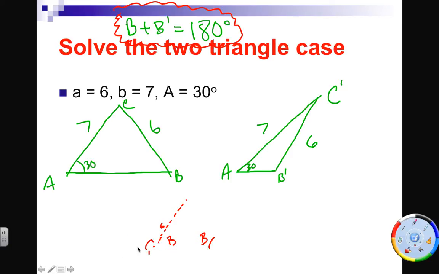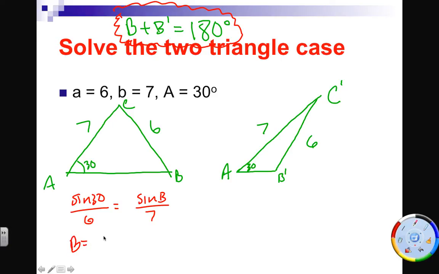All right, let's get rid of this here. Let's see if we can solve what we need to solve. All right, so on this triangle, sine of 30 over 6 is equal to sine of B over 7. It's the only thing I can solve for first. And doing a little bit of math here, obviously, sine inverse, B is equal to sine inverse of 7 sine of 30 over 6, which is approximately, I think I have this one on my calculator still, 35.69 degrees.